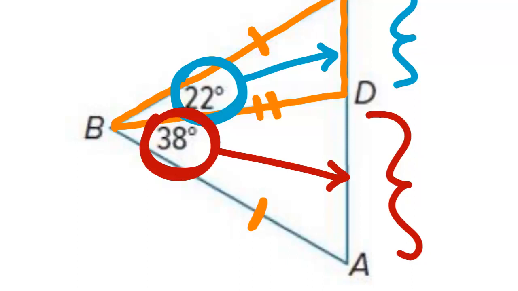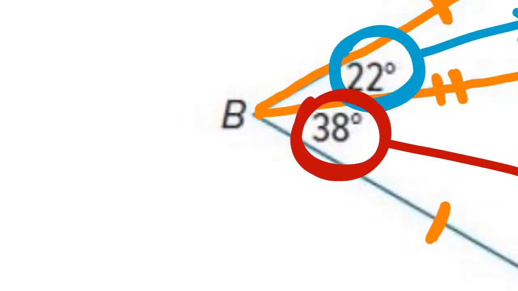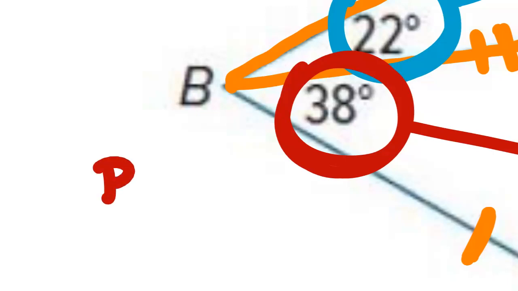Which are the two sides that I've been asked to compare? Which of these two angles is the bigger of those two angles? Which angle is the bigger one? DA. Which angle is the bigger angle? They're both angle B. DBA, 38 degrees, is my bigger angle.